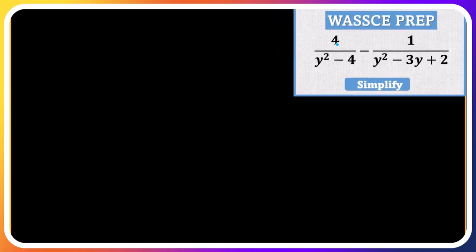Given 4 on y squared minus 4 as a single fraction minus the other fraction, 1 on y squared minus 3y plus 2, we are to simplify the expression over here.